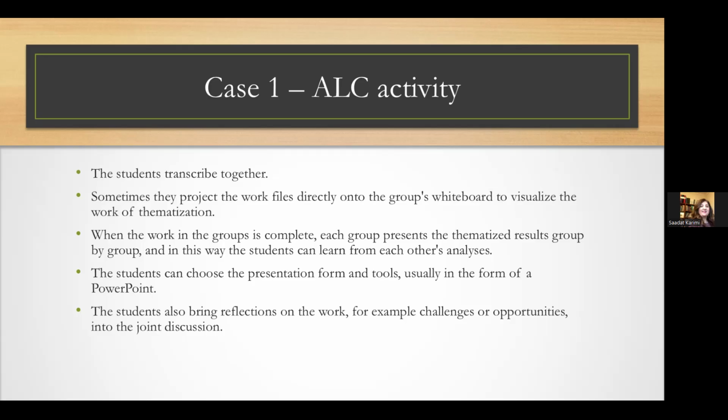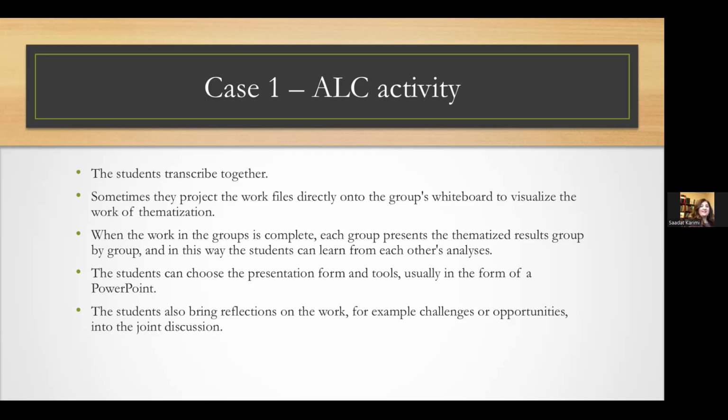When the work in the groups is complete, each group presents the thematized results group by group. And in this way, the students can learn from each other's analysis.